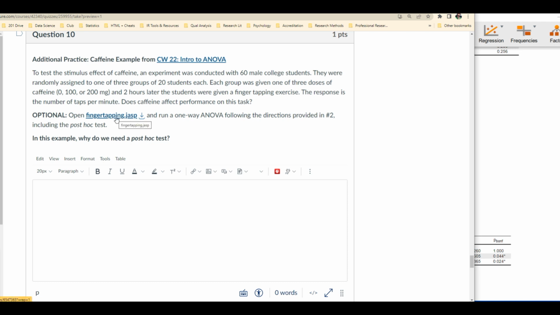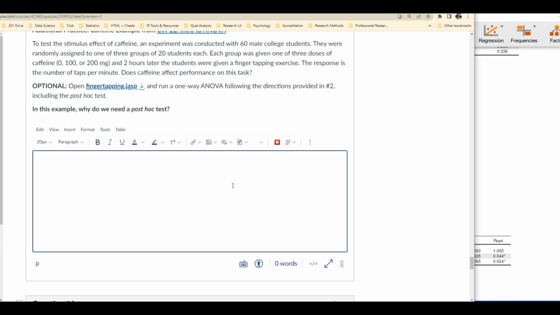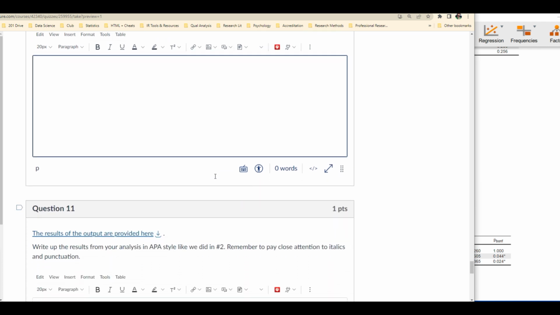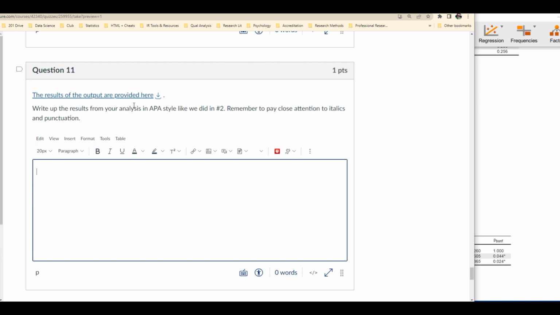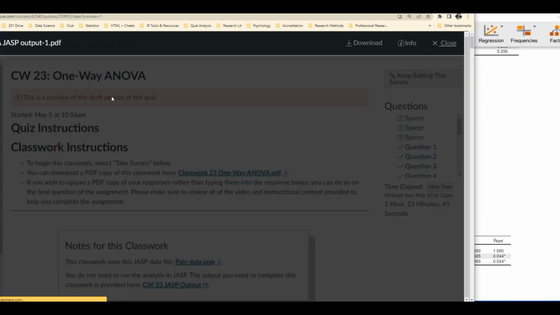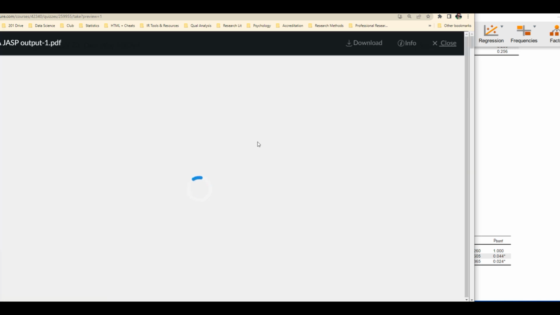I've included the data there if you like. But really, why would we need a post-hoc test here? The purpose here is to practice writing your APA style, paying close attention to italics and punctuation, where the different values go. And I linked the output from that previous classwork here.